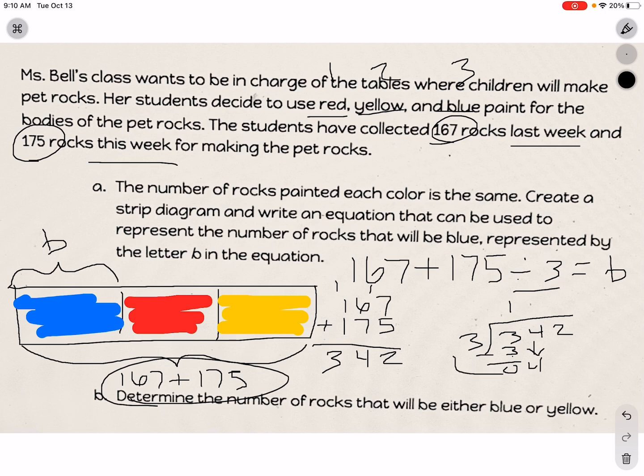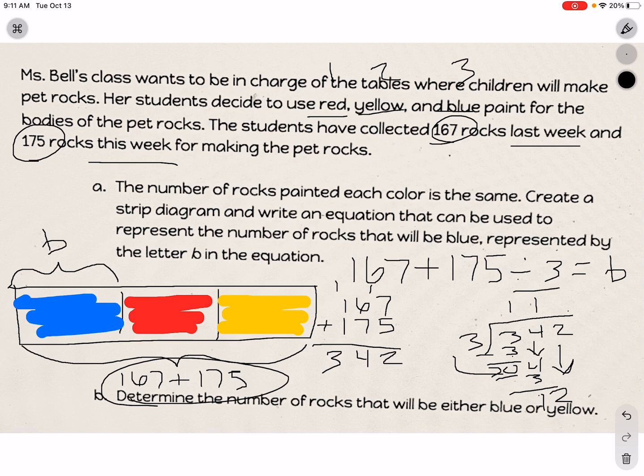Now how many times will 3 go into 4? Correct. 3 will go into 4 one time. We're going to multiply again. 1 times 3 is 3, subtract. We're left with 1. Now we're going to bring 2 ones down, and we're left with 12.